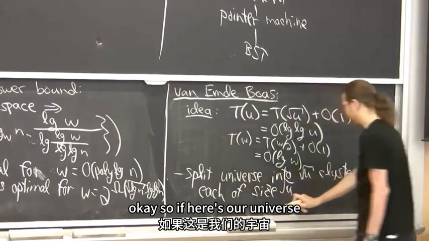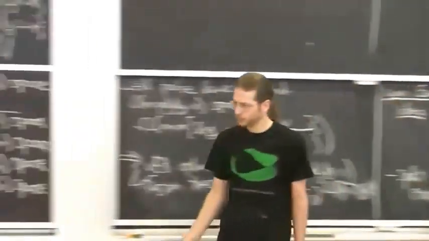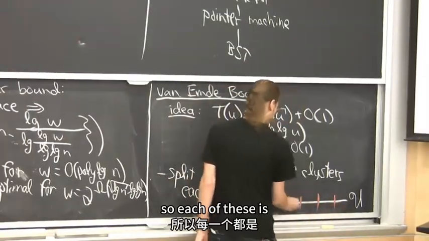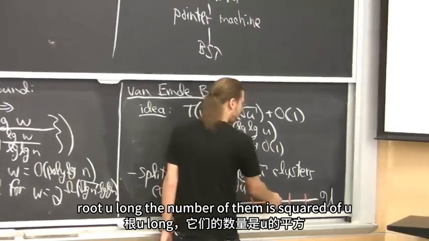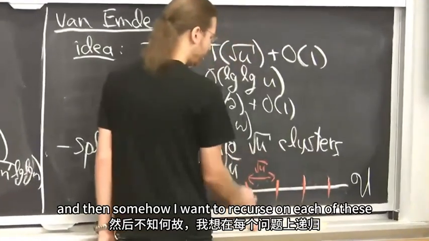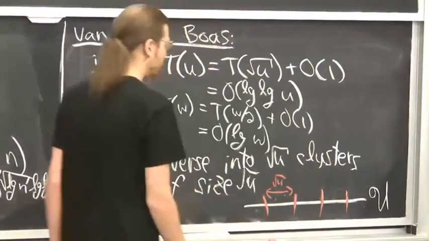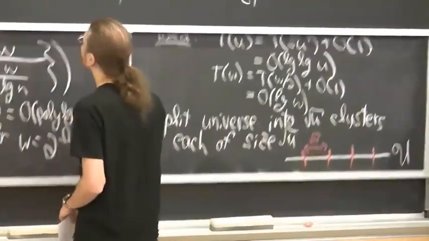So if here's our universe, then I just split every square root of u items. So each of these is root u long. The number of them is square root of u. And then somehow I want to recurse on each of these clusters. And I only get to recurse in one of them. So a pretty simple idea.